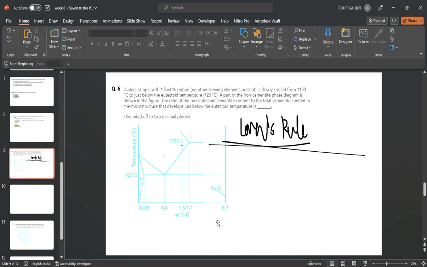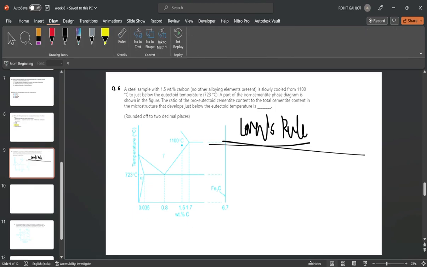So firstly, the diagram is given. This point you see here is the eutectoid point.